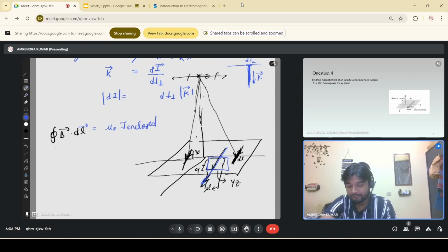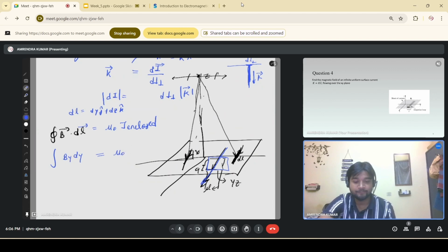This means that B has no z component, and if you write dl as dx i plus dy j plus dz k, since there is no k component in the magnetic field, its dot product will be 0. So what you are left with is B_y dy and mu 0 I enclosed.